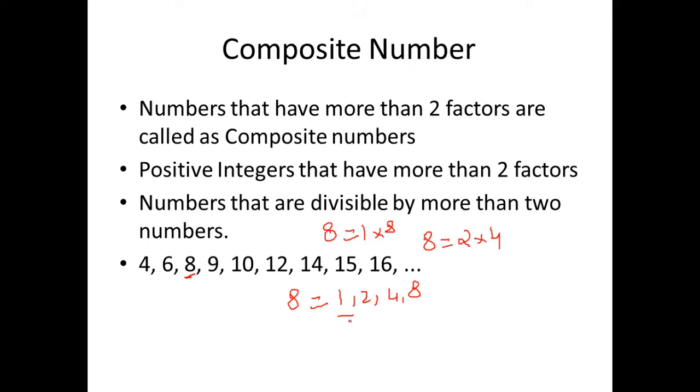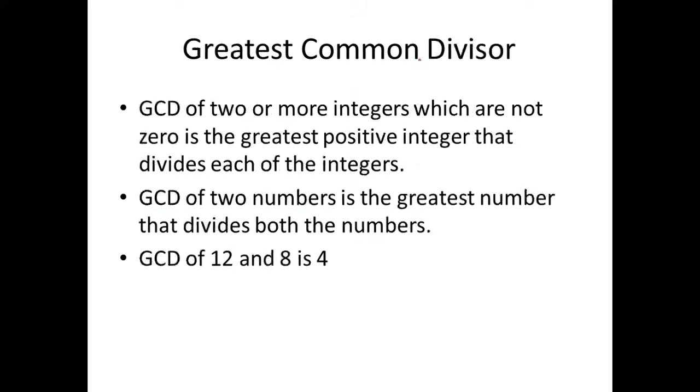The number of factors we have here is greater than 2. So once you have a number that is greater than 1 and the number of factors is greater than 2, we call such numbers composite numbers. Positive integers that have more than two factors are called composite numbers.